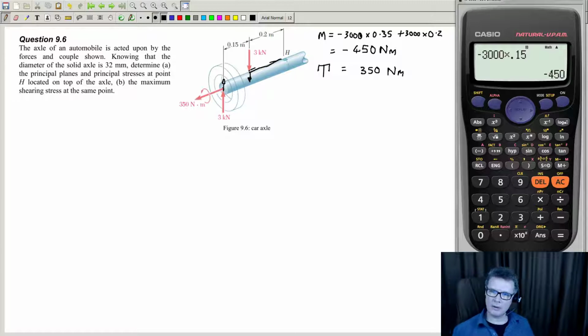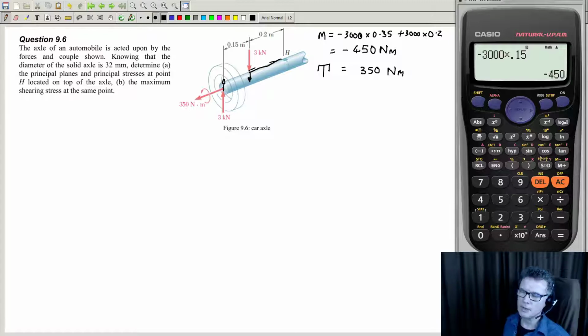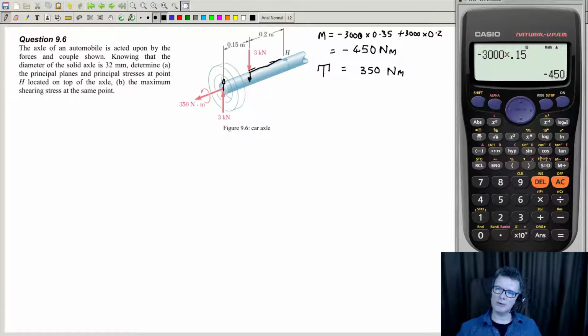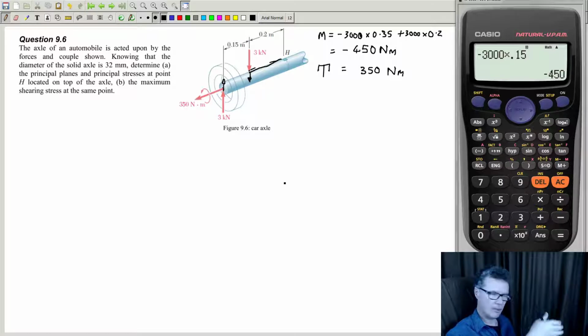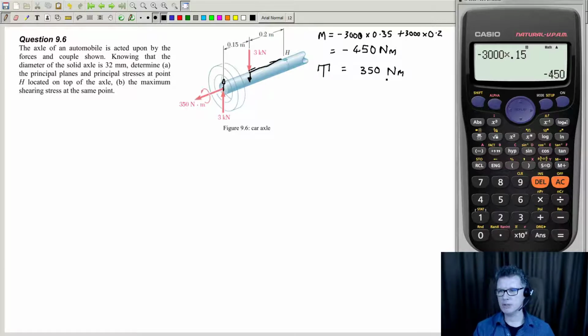Okay, that's trying to, if I'm looking from above, looking up it, that's going to give me a positive twisting. So I'll take that to be positive. Next thing we want to know about the J and the I.